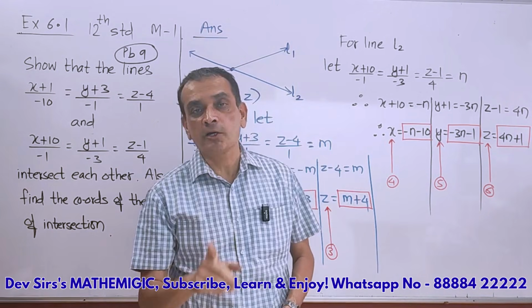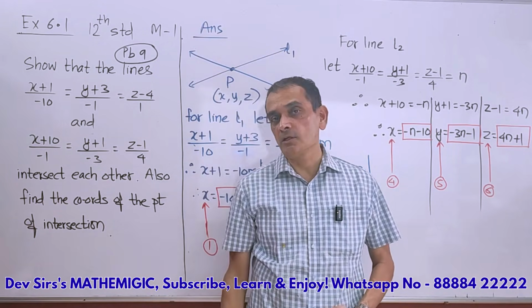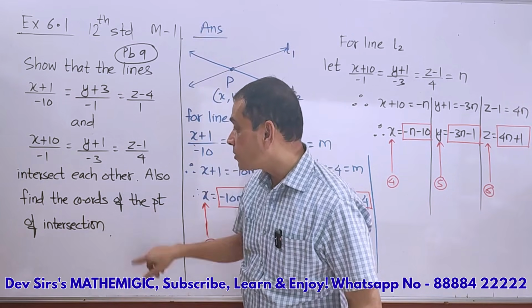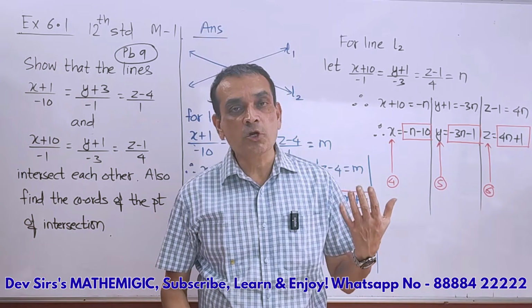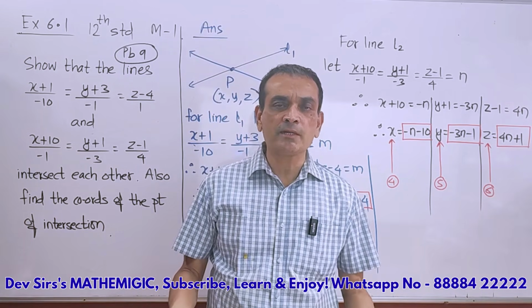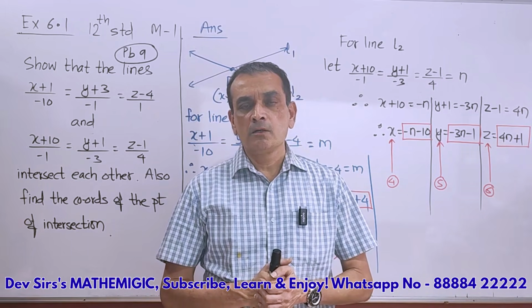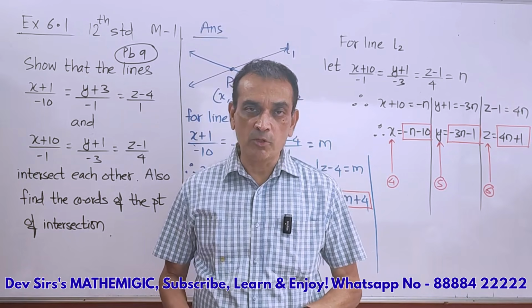If you show that the shortest distance is zero, then the lines intersect each other. But we are not going to use that method, because later it asks to find the coordinates of the point of intersection. If you use the shortest distance formula, you will only show that the lines intersect each other. You won't get the point of intersection. So to get that, we'll be using this specific method.